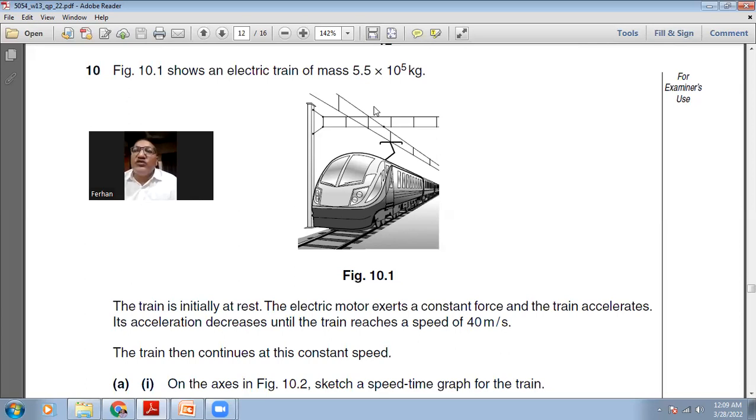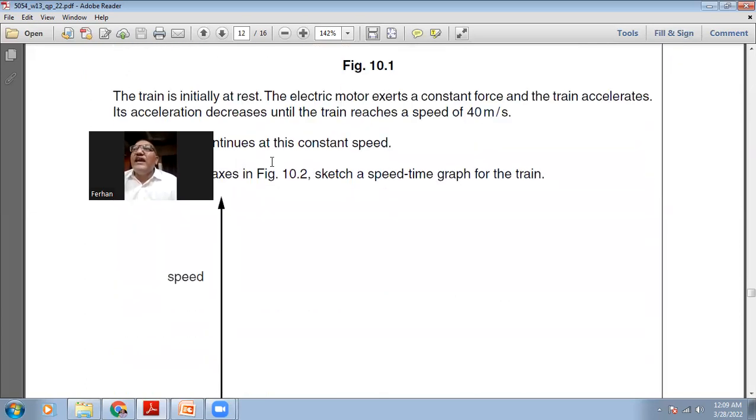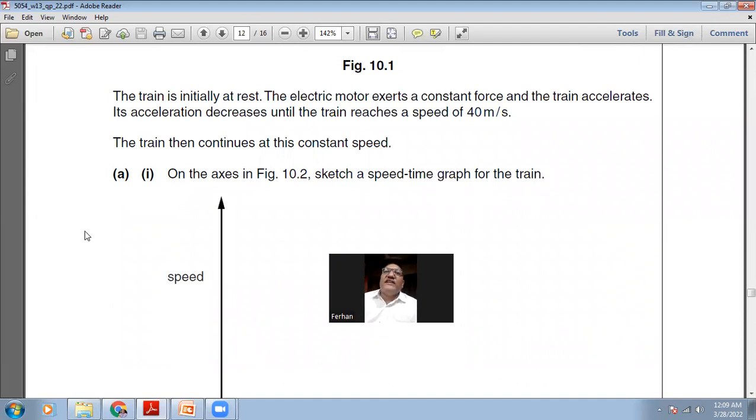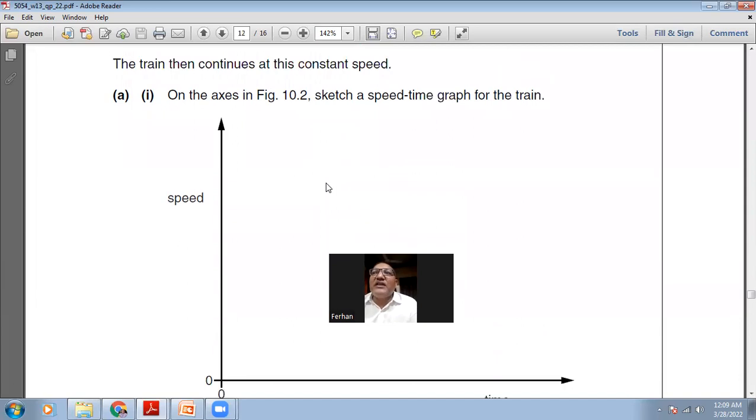The electric motor exerts a constant force and the train accelerates. Its acceleration decreases until the train reaches a speed of 40 meters per second. The train then continues at this constant speed. On the axes in figure 10.2, sketch a speed-time graph for the train.